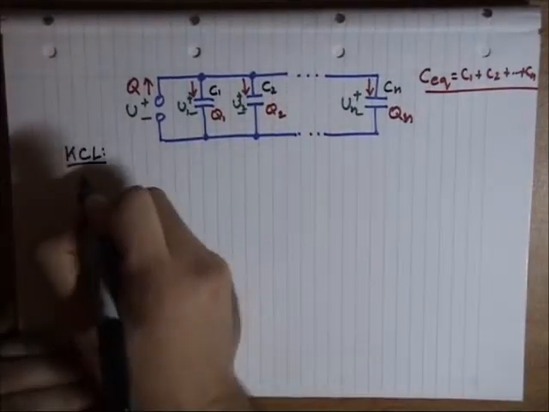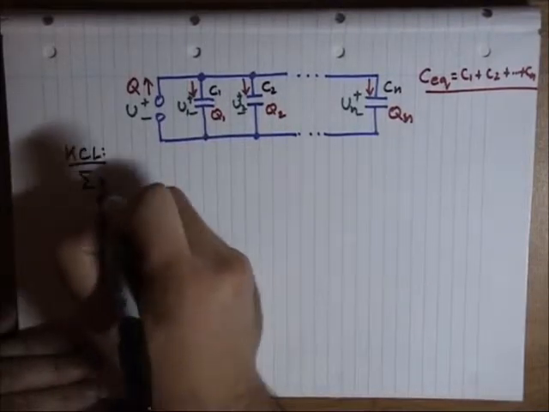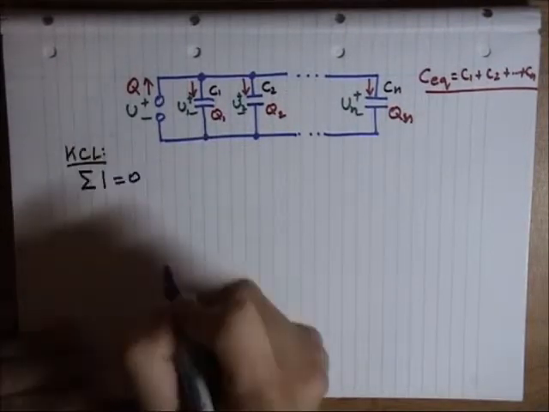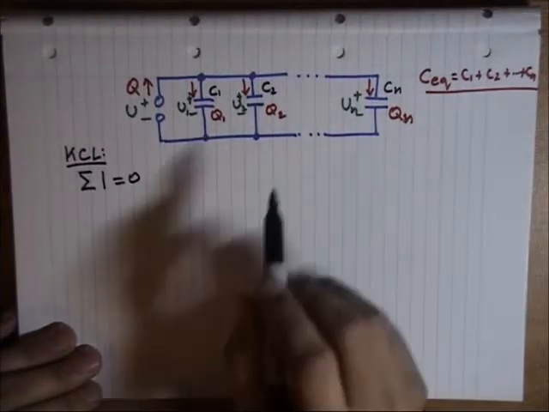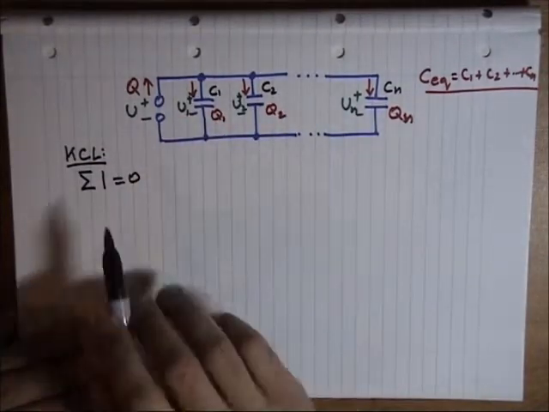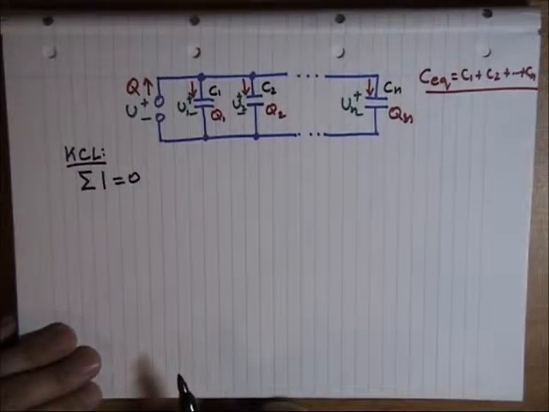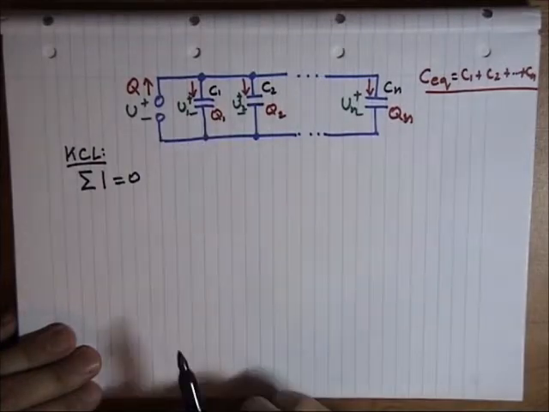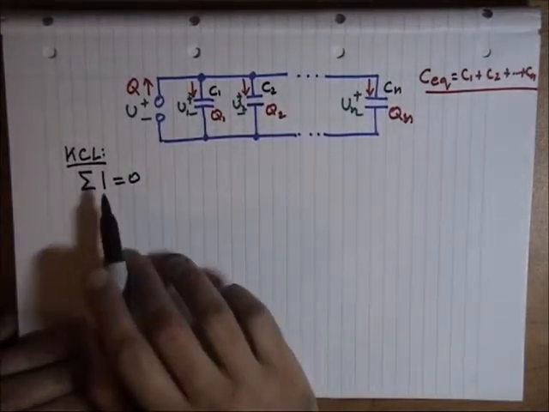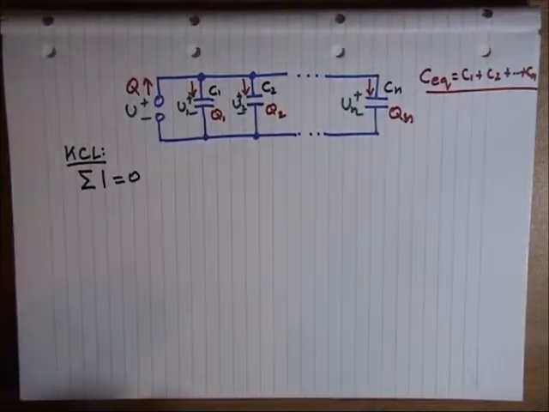KCL says that the sum of the currents in one specific node of our network is equal to 0. But with capacitances, we don't deal with currents, but with charges.